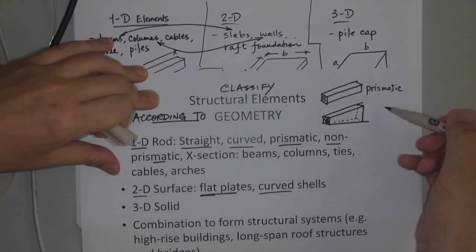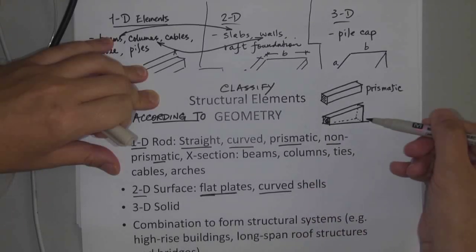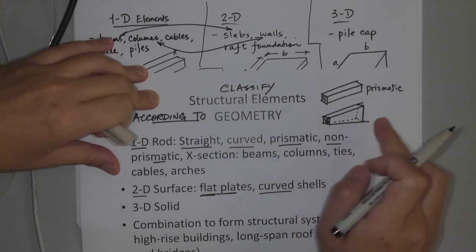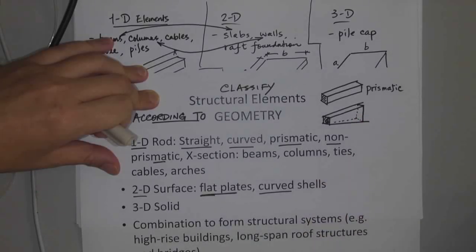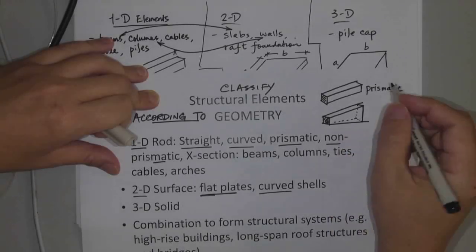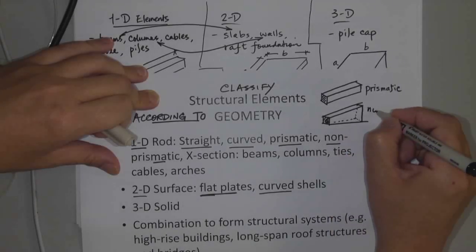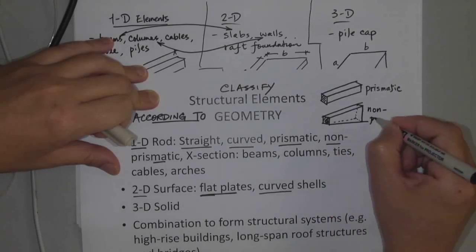But on the other side, it's much bigger. So the size is getting larger and larger from the left to the right, or from the right to the left, doesn't matter. So this type of member is non-prismatic.